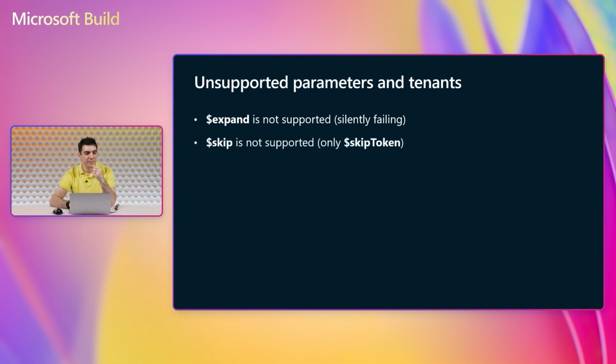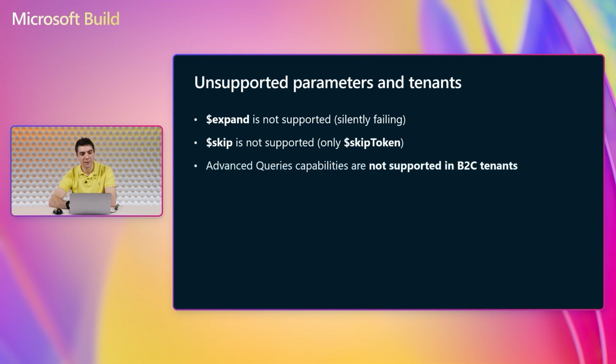And skip is also not currently supported, but of course we'll support skip token. So if you have a pagination kind of UX, you might need to use skip token and cycle over all the pages in this case.